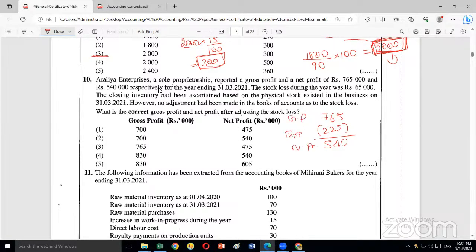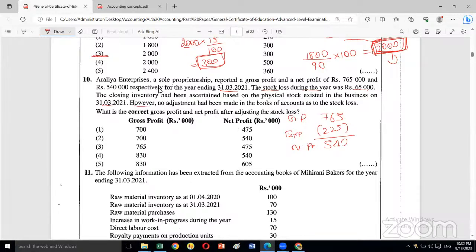Now, 540 respectively for the year ended 31/3/2021. The stock loss during the year was 65,000. The closing inventory has been ascertained based on the physical stocks existent in the business on 31/3/2021.